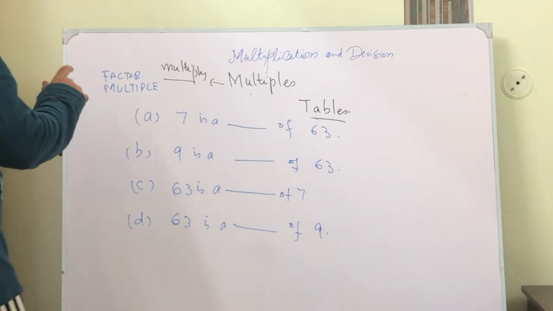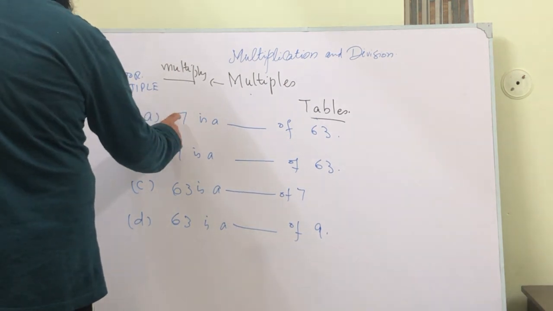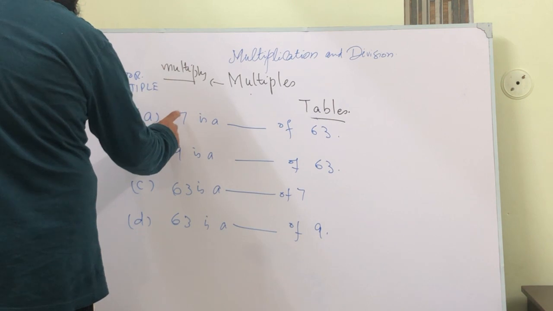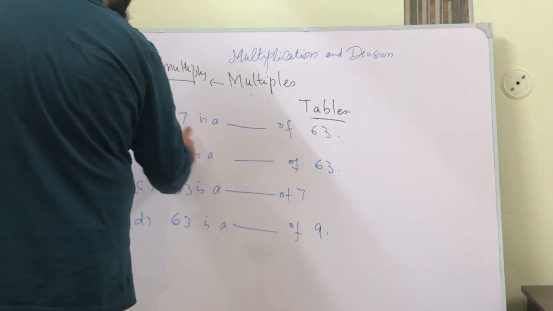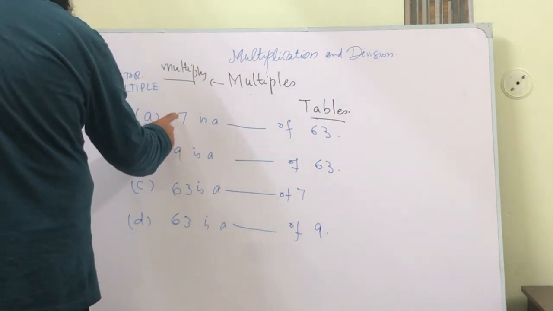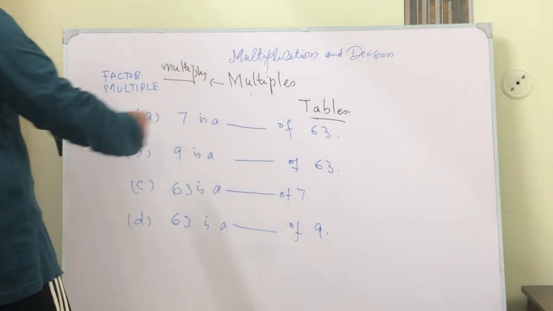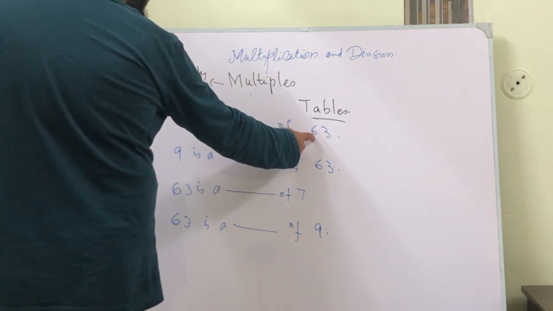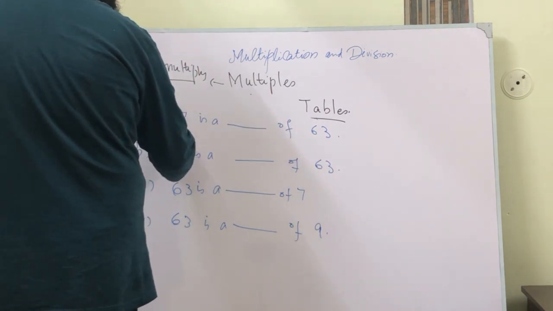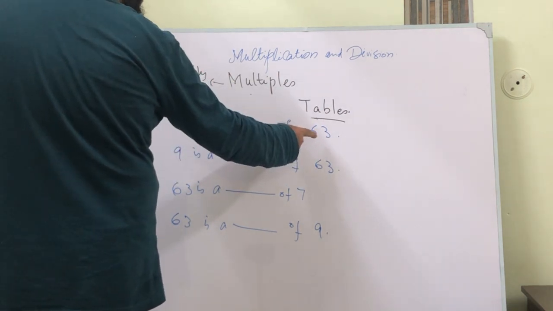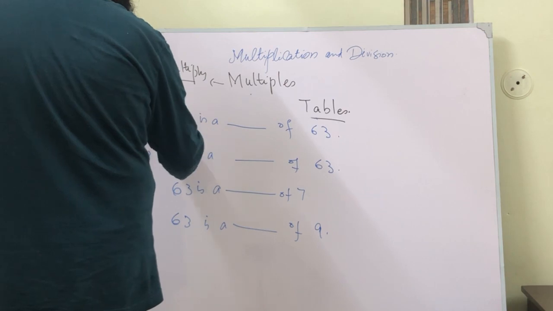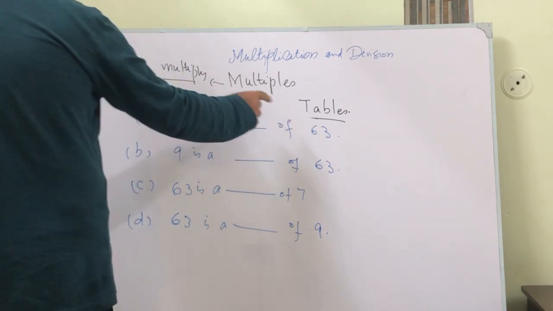Table means we are writing the multiples of 7. So 63 is a multiple of 7. But 7 is what of 63? 7 is a factor of 63.